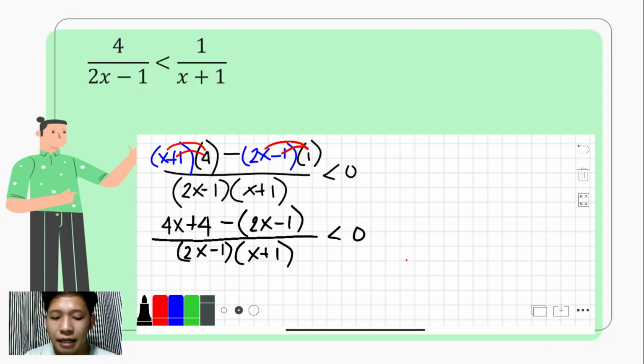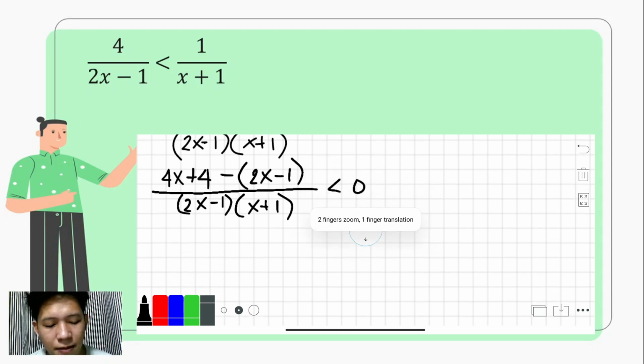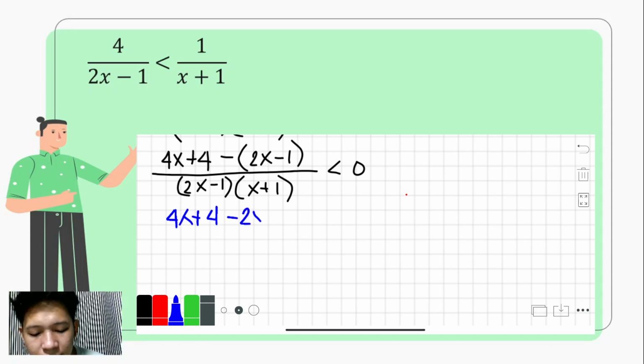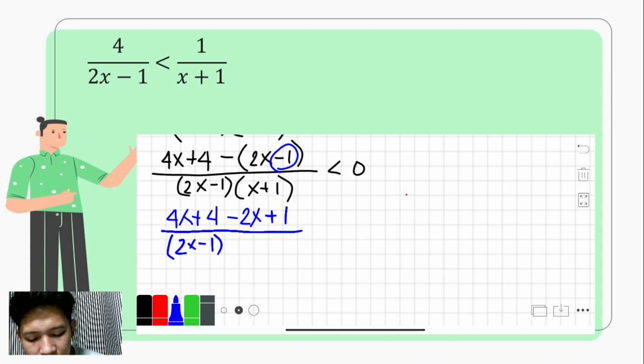So meron pa po tayo nakikitang pwedeng i-simplify, so isi-simplify pa po natin. Kailangan tanggalin natin tong parenthesis na ito. So, that would become 4x plus 4 minus 2x, kasi ito positive, naging negative, kaya naging minus 2x. And then ito, negative 1, pero ito is may minus, so kaya po siya magiging positive 1 over 2x minus 1 times x plus 1 is less than 0.